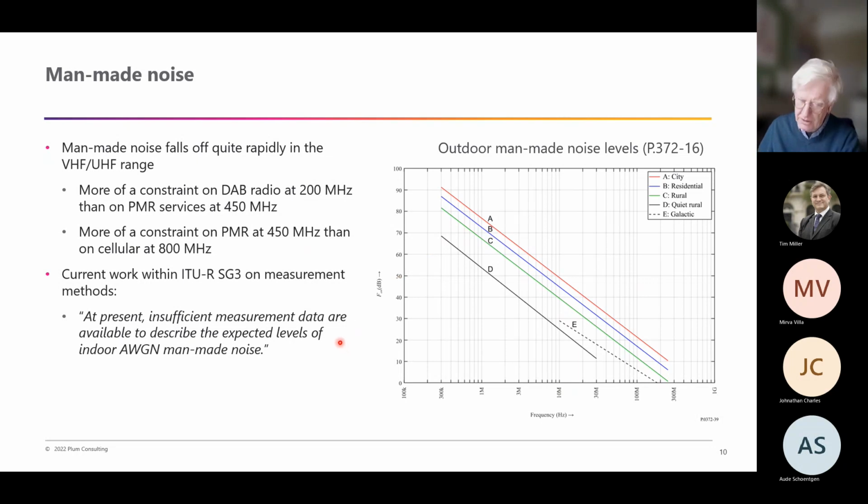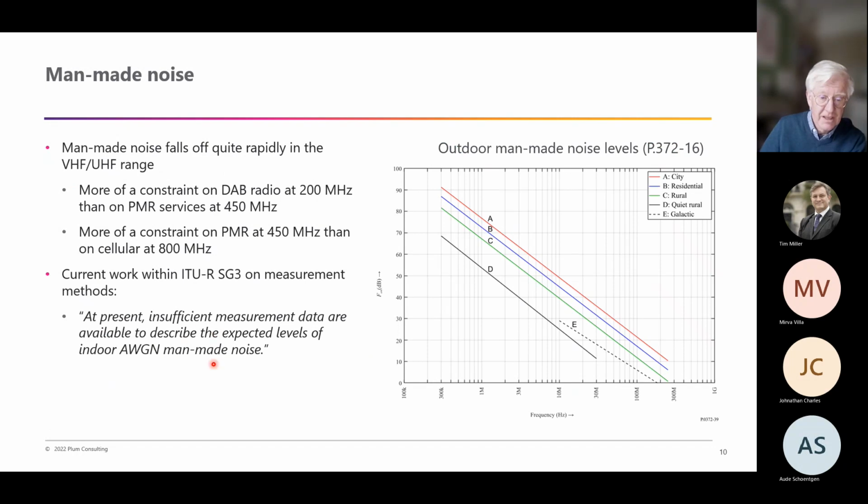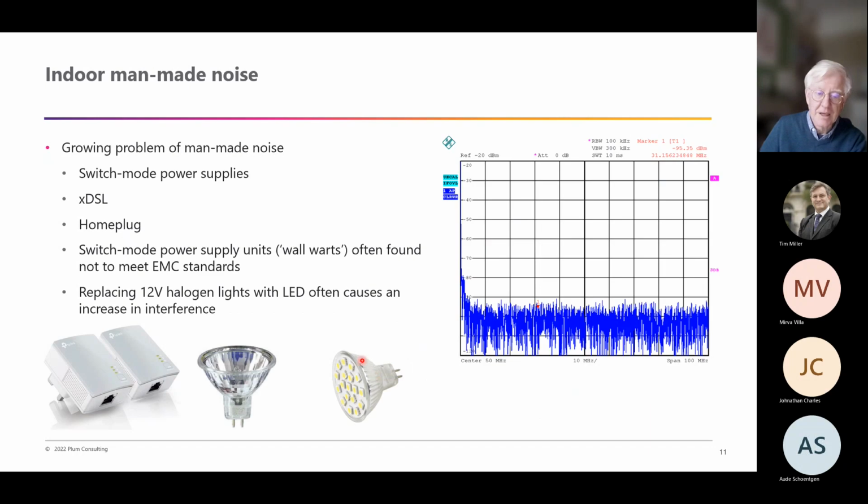It's very hard to get a firm grip on this because it changes so dramatically over such a small area. And it's a growing problem indoors where there really isn't much information. The ITU acknowledged that there's insufficient measurement data to understand the levels of man-made noise indoors.